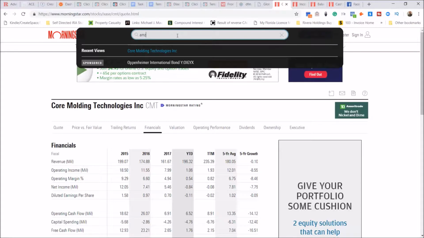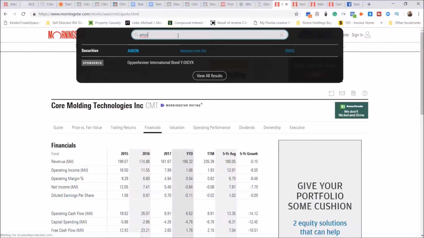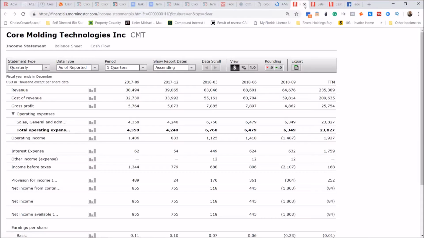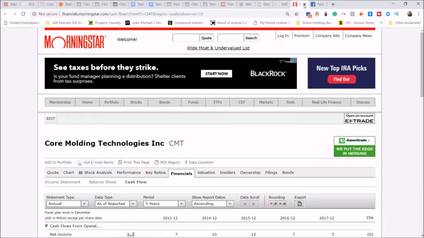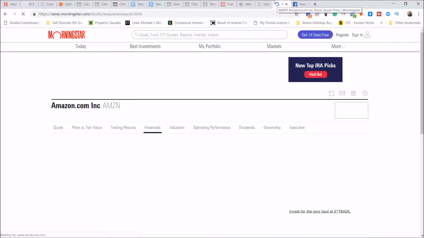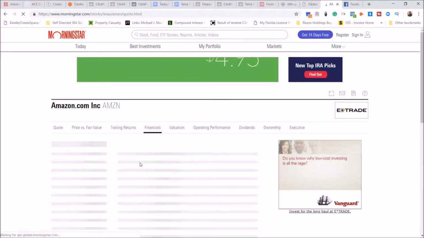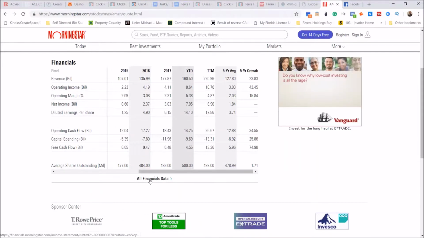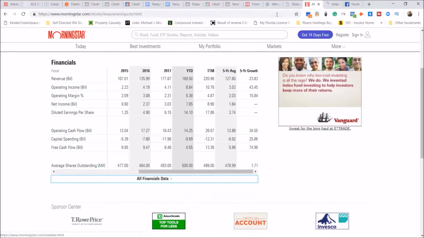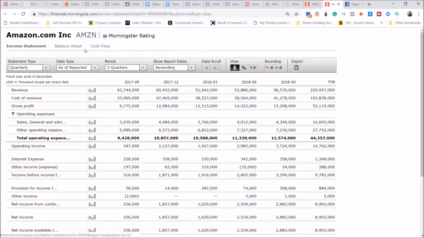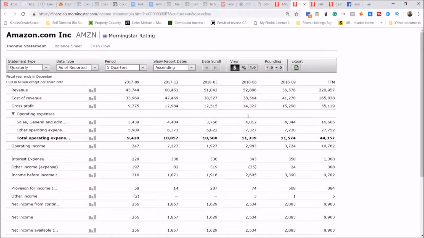So let's try Amazon. Bring up the financial data, income statement, balance sheet, cash flow statement. Okay, let's round up for this number.